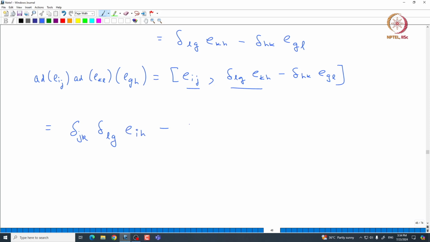Similarly, minus delta_hi, delta_lg, E_kj you get. Then minus delta_jg, delta_hk, E_il you get, plus delta_li, delta_hk, E_gj you get. So, this will be the term.